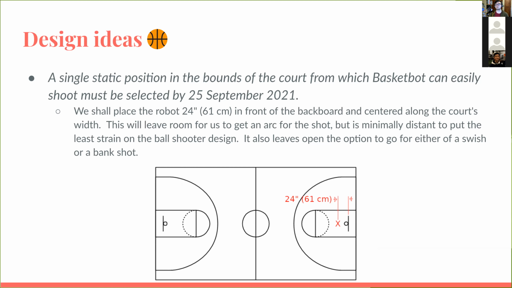It also offers that this leaves room for many design options, and that you can aim for a swish or a bank shot. This does restrict us from going for a layup or something like that. But maybe the designers that came up with this plan were like, well, layups are hard. You need mobility for that. Let's just try to go for the shooting. So the goal doesn't call for mobility. So why add the extra complexity?